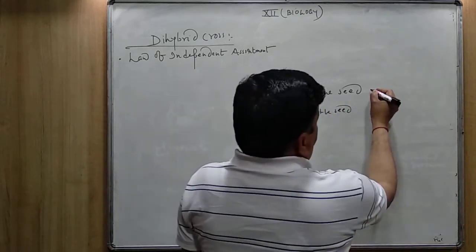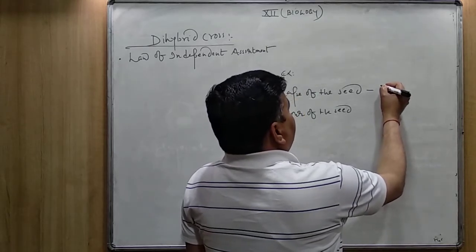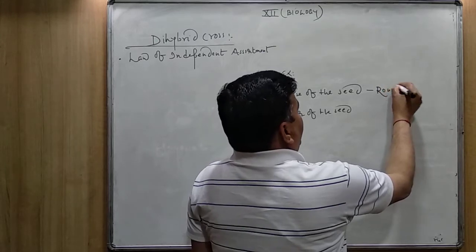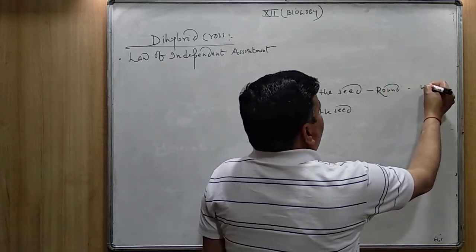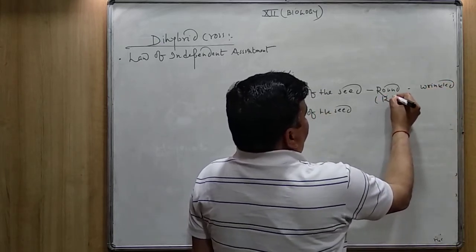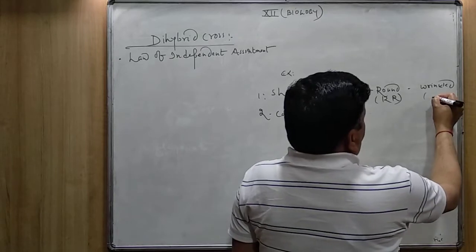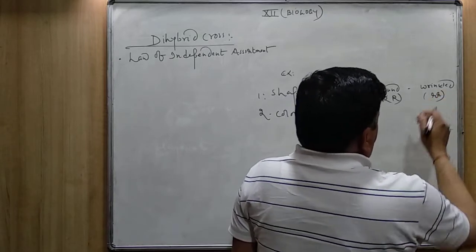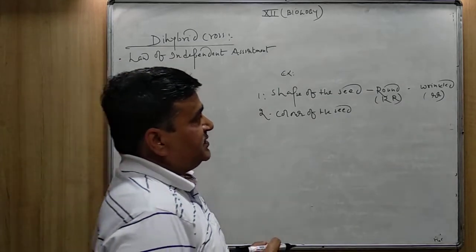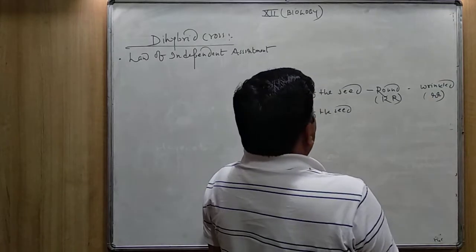The shape of the seed has two contrasting forms: round and wrinkled. The round you can write with the symbol capital R, and wrinkled is the recessive gene, so you write it in small r.